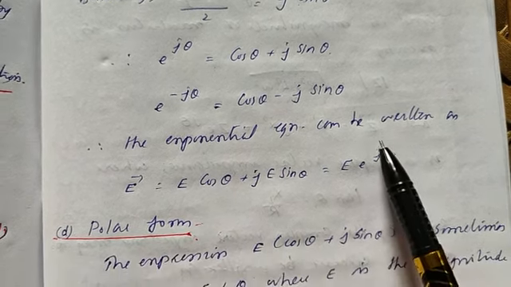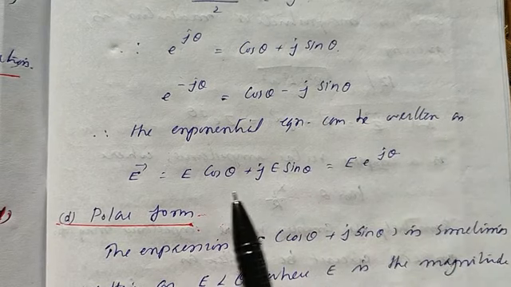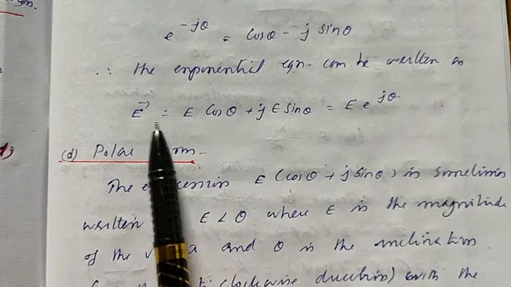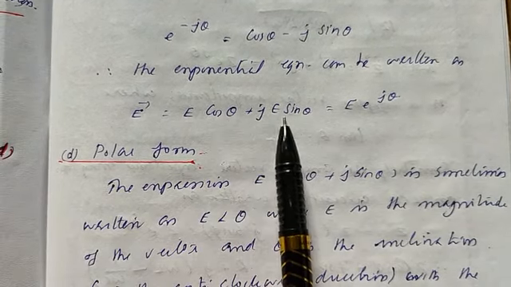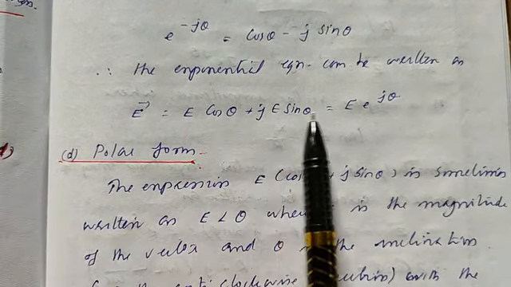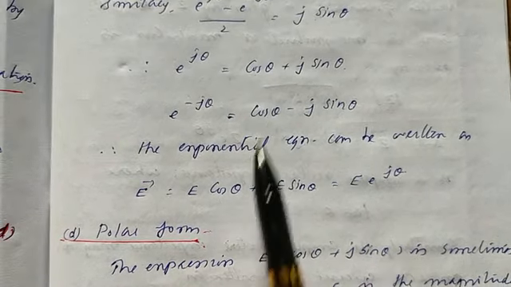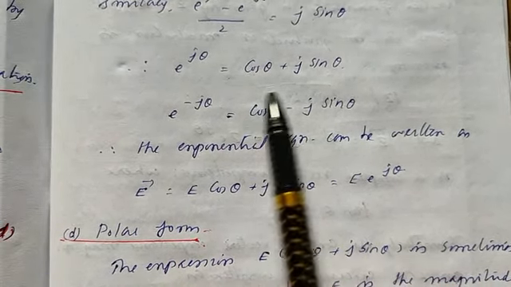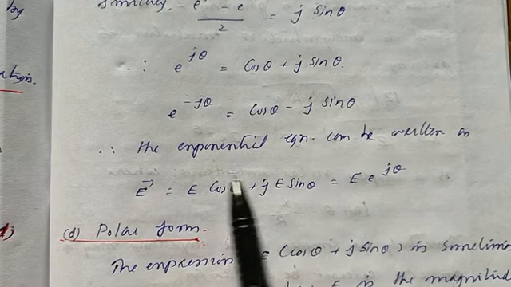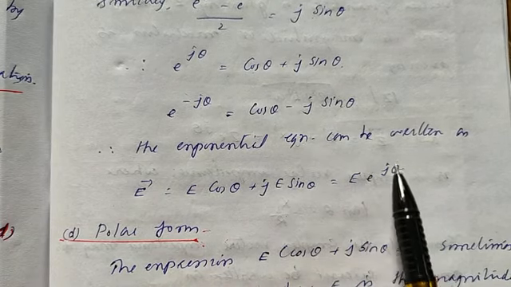Therefore, the exponential equation can be written as E into cos theta plus j sin theta as E into e raised to j theta.